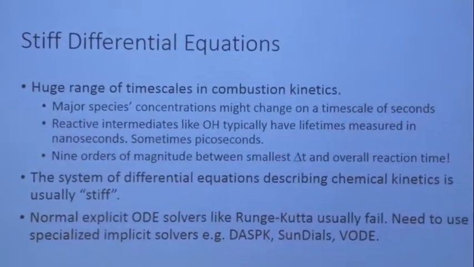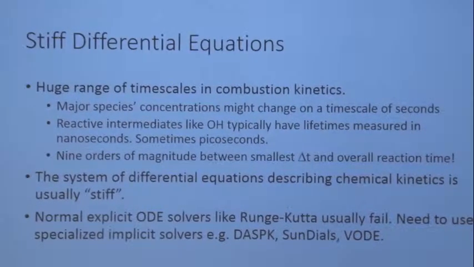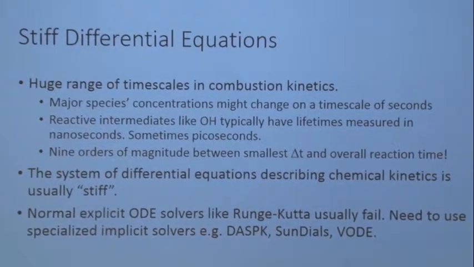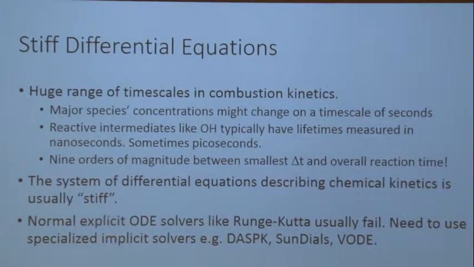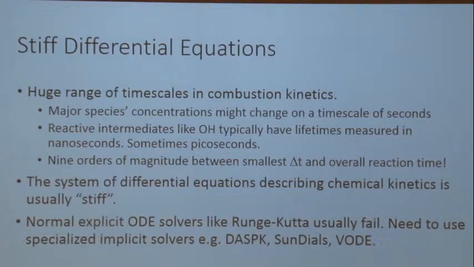All right. Now, when I write down the differential equations this way, usually the resulting equations are what we call stiff. How many of you know what stiff is? Okay, I'll try to explain to those of you who don't. The issue is the time scale.